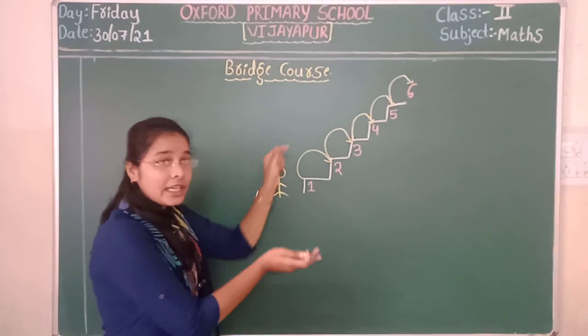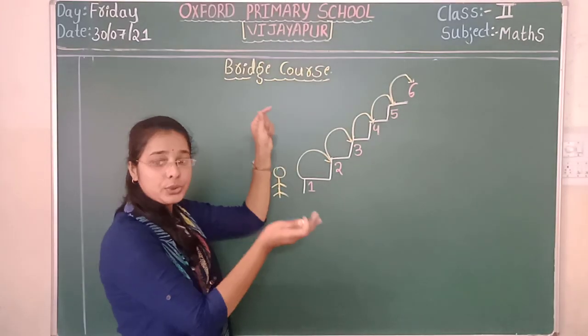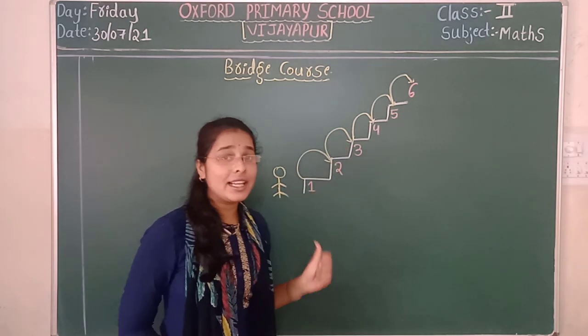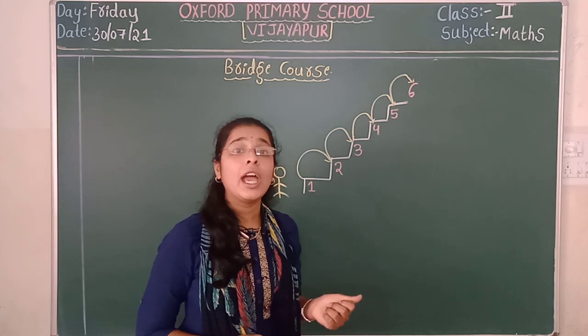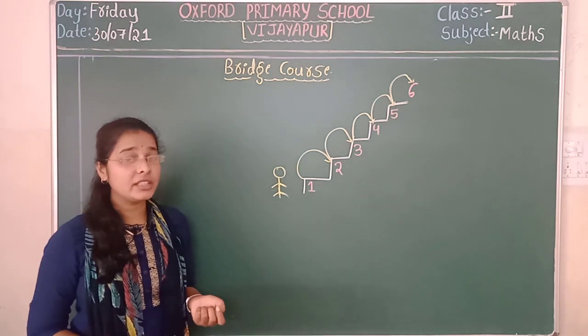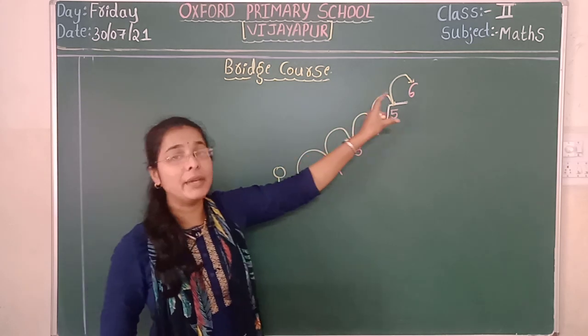This arrangement we call ascending order. What do you mean by ascending order, children? Arranging the numbers from smallest to biggest.